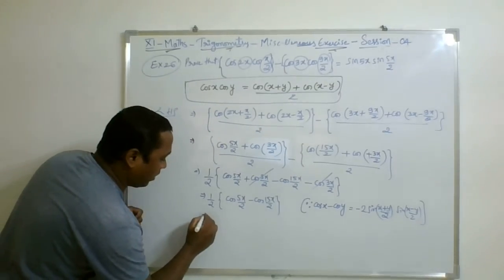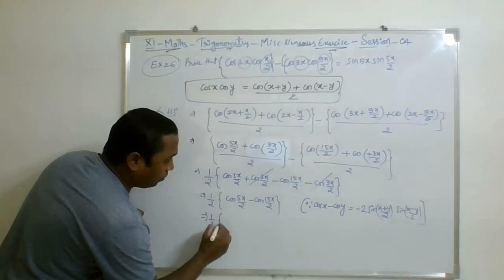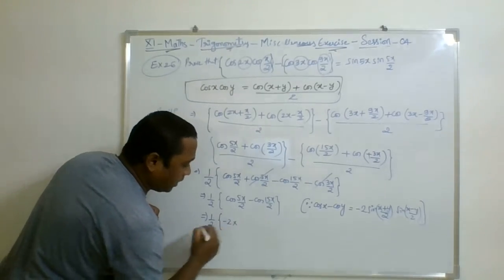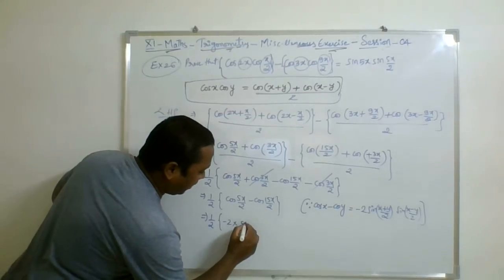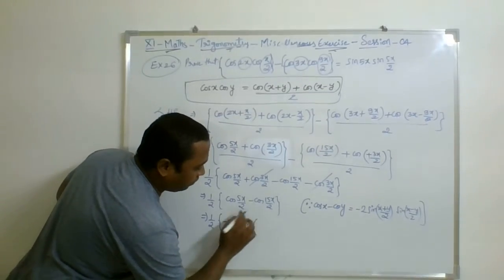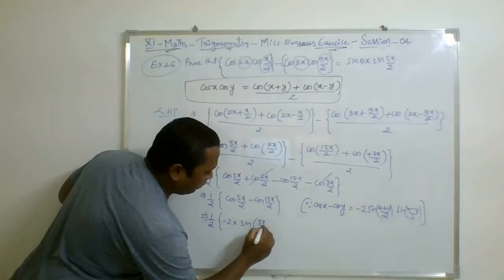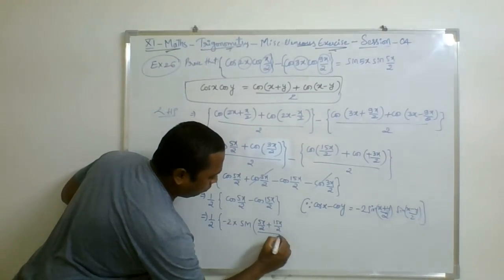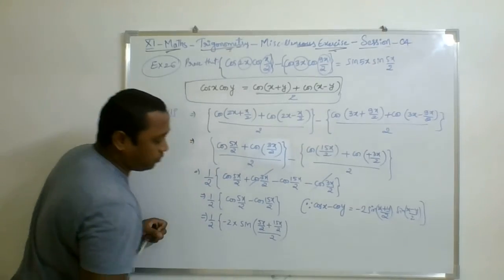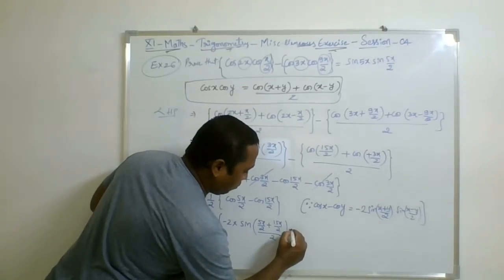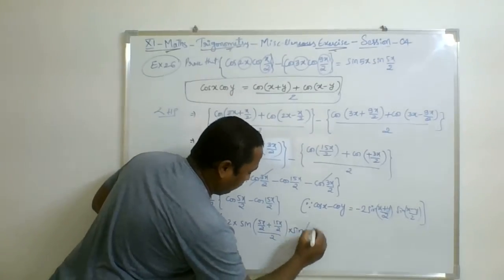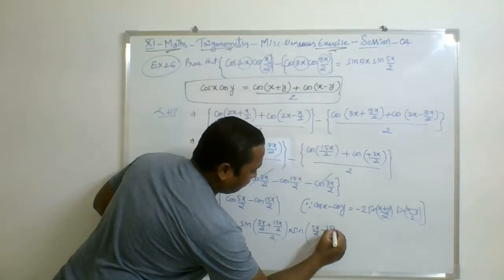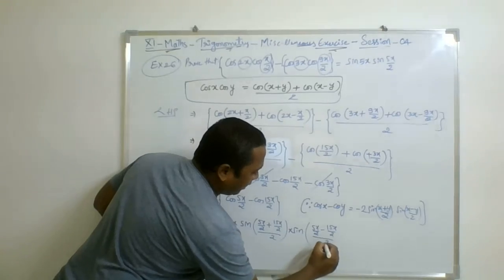Let's apply this one. So 1 by 2 into minus 2 into sine of the addition of these two angles, that is 5x by 2 plus 15x by 2, by 2, that is x plus y by 2, into sine of 5x by 2 minus 15x by 2, by 2.